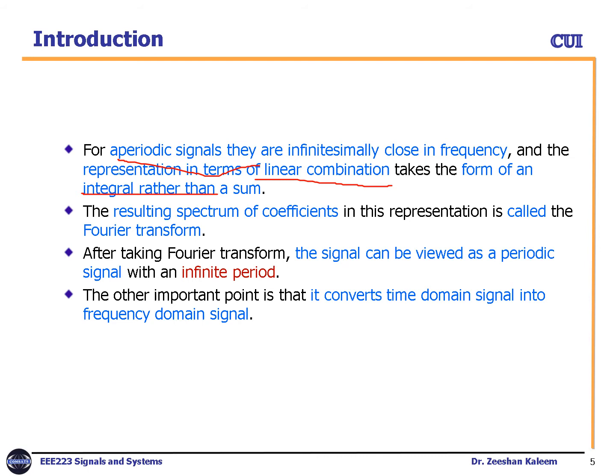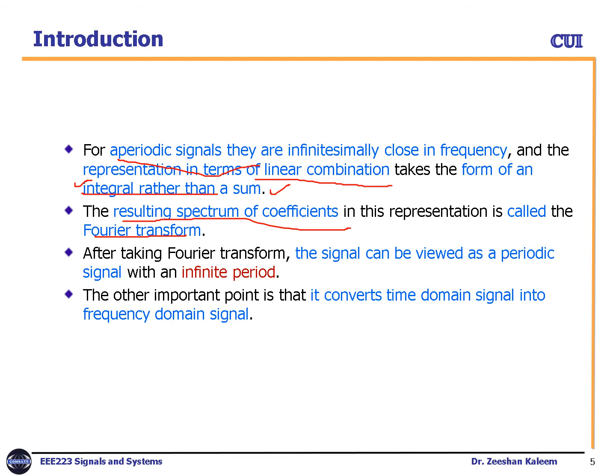Whereas here the frequencies are very close to each other, so instead of a summation, we will take an integral to combine the linear combination of terms in the Fourier transform. The resulting spectrum of coefficients in this representation is called the Fourier transform.